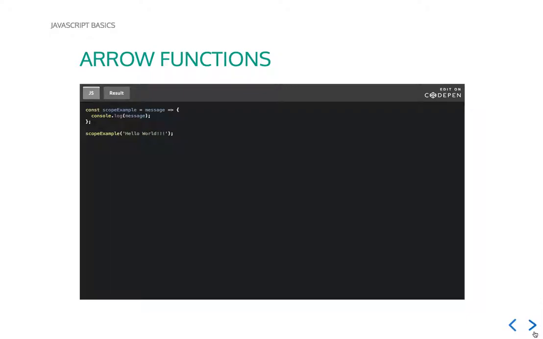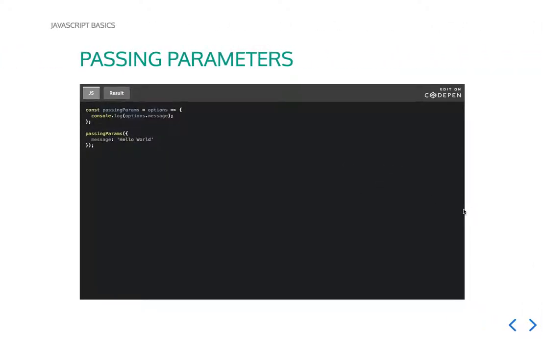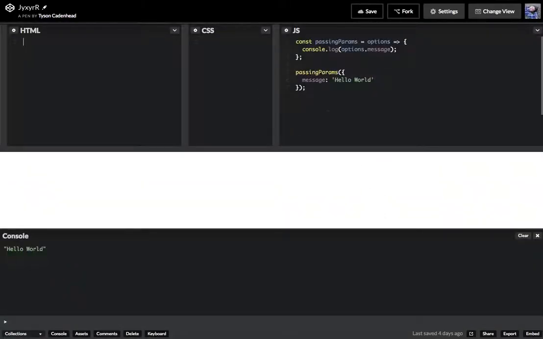So next, we have passing in parameters. We've seen a little bit of this already just by looking at some other examples. But you see here, I'm passing in this object with the message hello world, and so I've got this options.message. So you can pass anything into a function. You can pass in objects or strings or numbers or whatever, and you can access them as needed.